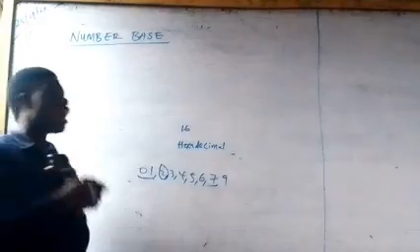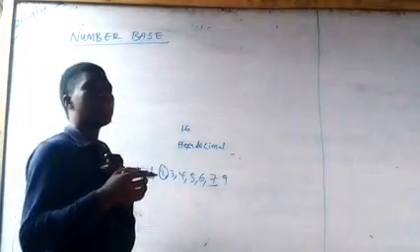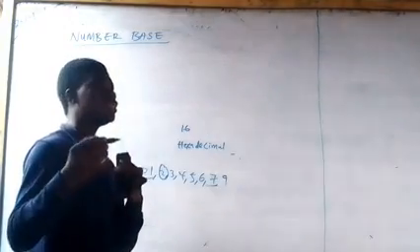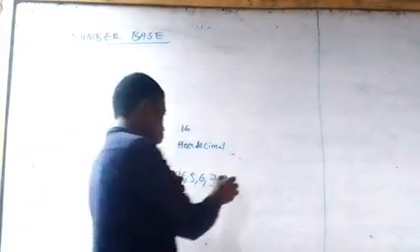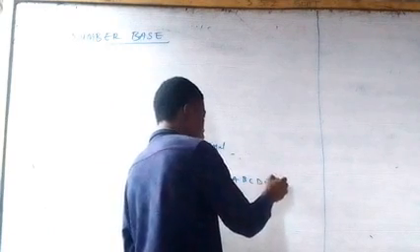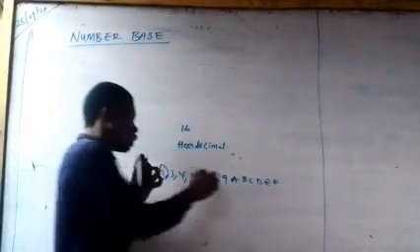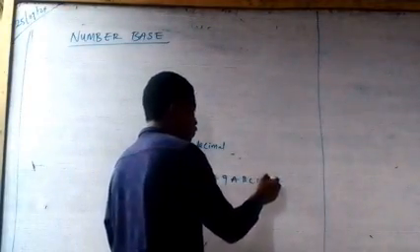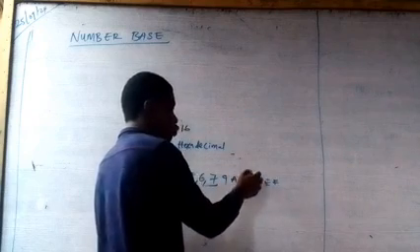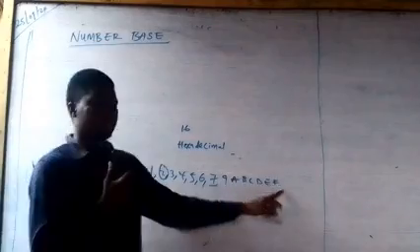Then after base 10, we have A, B, C, D, E, F. These represent 10, 11, 12, 13, 14, 15 for hexadecimal, so it stops at 15.